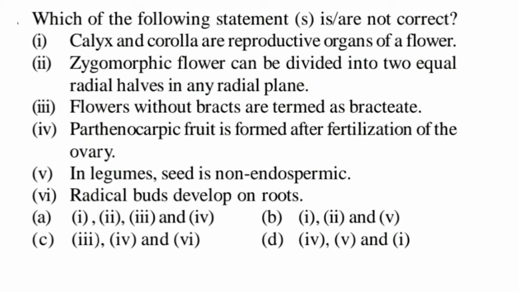Yes, in legumes you see non-endospermic seed. 6th one, radial buds develop on roots. Yes, normally we see radial buds in roots. So 5th and 6th statements are correct, whereas first 4 statements are wrong. So we need to go with option A. 1, 2, 3, 4 statements are incorrect for this question. So obviously option A is correct for this question.